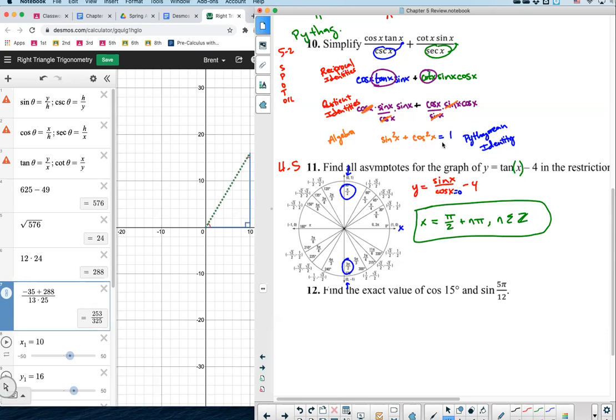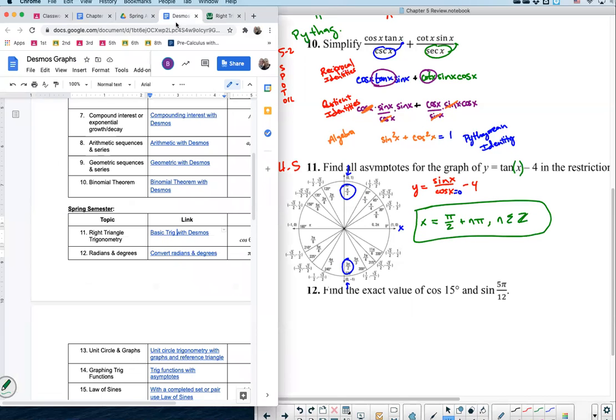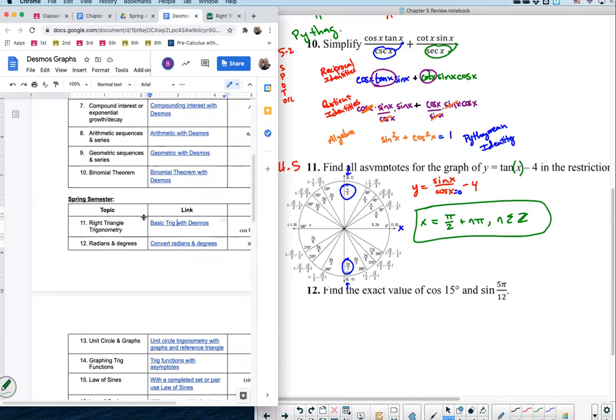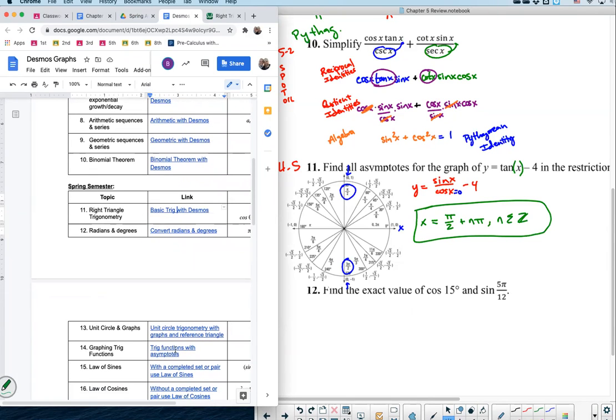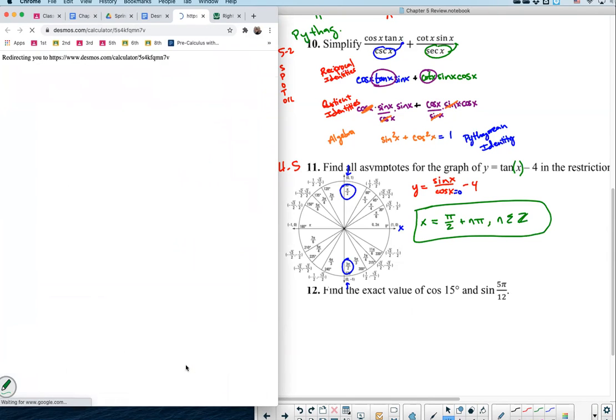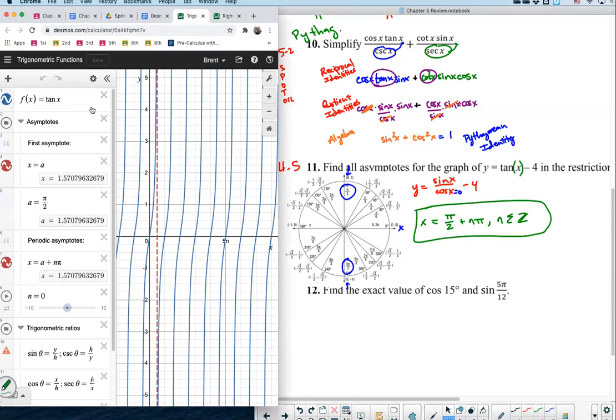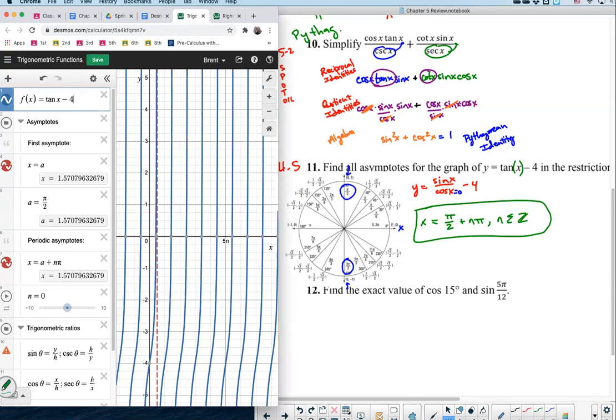That'd be my solution. Now, I created a little graph so you can see this and test it. Let's see here. Graphing trig functions, trig functions with asymptotes. Let's open that up. Y equals, I have f of x here, and that's fine. Tangent x minus 4. And we want to say the first asymptote occurs at pi over 2, and the periodic would be plus n pi.